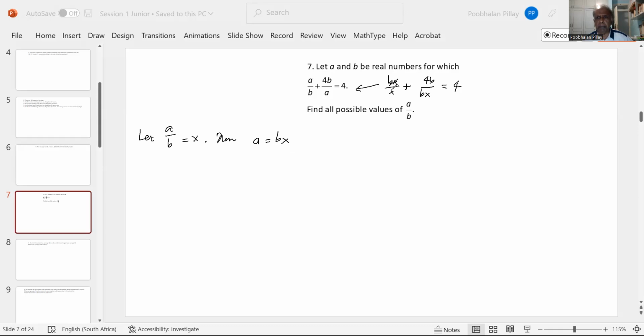So that is x, and here the b's cancel, 4 over x equals 4. So you get one equation with one unknown, and proceed as we did before. This is quite a much easier and simple way of doing it. Replace the numerator by bx and substitute. All right, let's get on to the next problem, which is number 8.